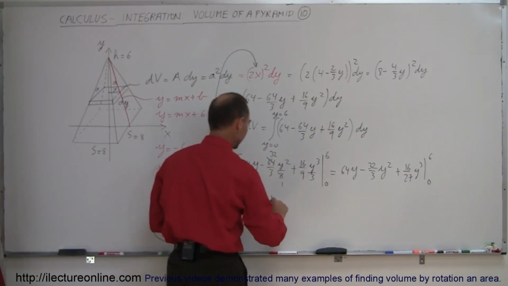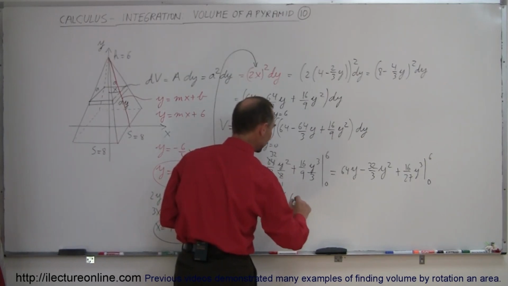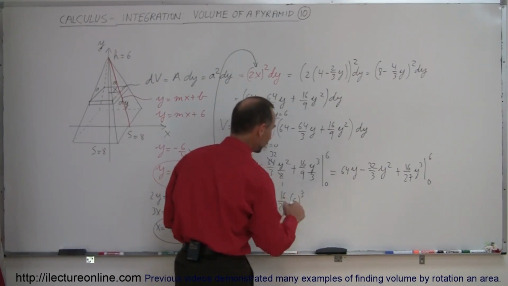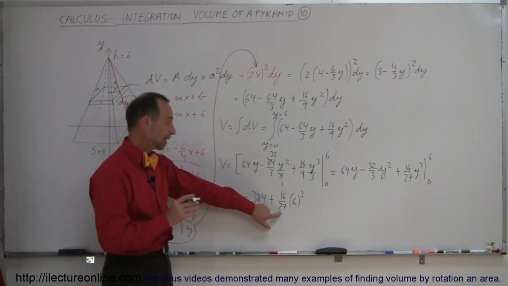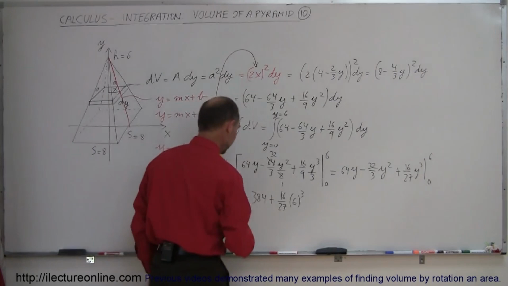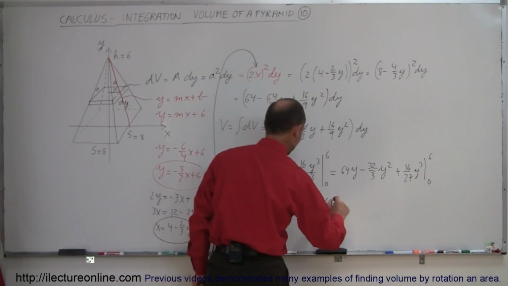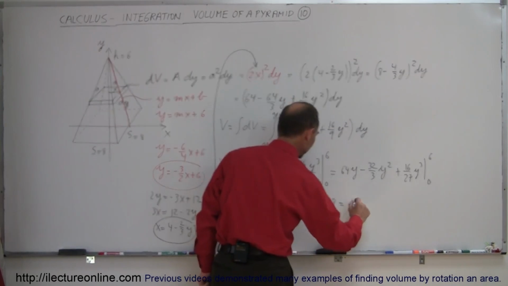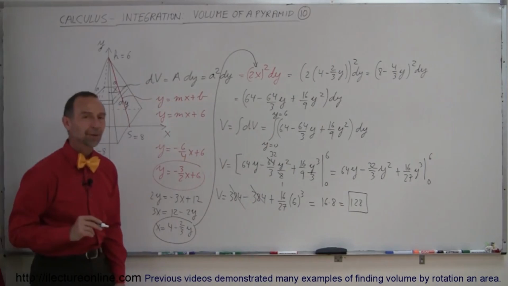All right, plus, there we have 16 divided by 27 times 6 cubed. Now 6 cubed is 216 divided by 27. 27 goes exactly into 216 8 times. So here we get 384 minus 384 is equal to 16 times 8, which is equal to 128. And that would be the volume of that pyramid.